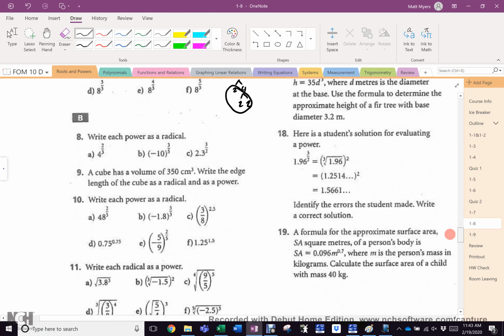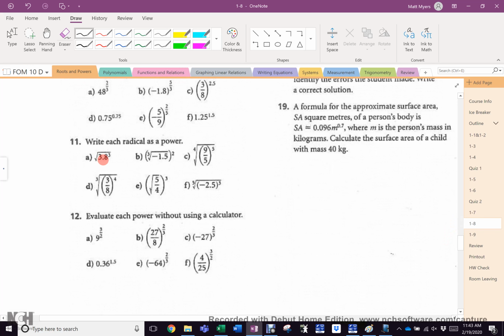11 you said. Right. You actually said that already. Okay. What little number should be right there? 2. So that is 3.8 to the 3/2. Because the little number becomes the denominator, the power becomes the numerator.